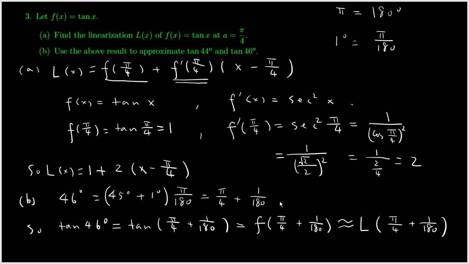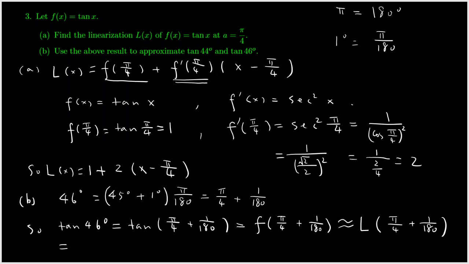I hope it's not too squeezed. So can I move to here to connect? Now all we need is to plug pi over 4 plus 1 over 180 into the linear function. Now you watch the linear function.